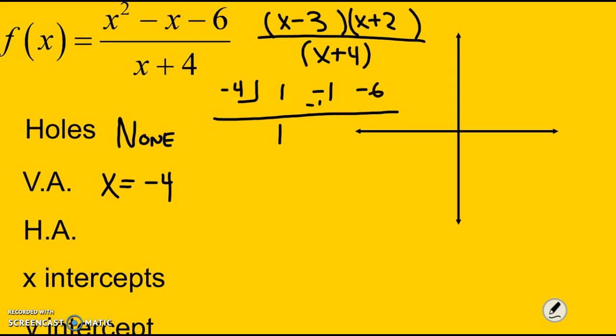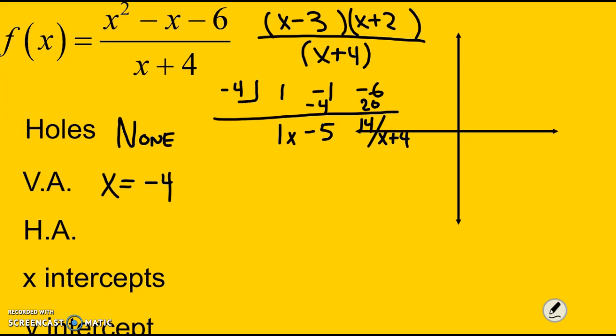Go 1 there, -4 there, -5 there, 20 there, 14 is the remainder there, over x plus 4, and that's going to be an x minus 5. So when you divide that, you get x minus 5. We are going to ignore the remainder part because that's negligible as you're plugging very, very large numbers in.